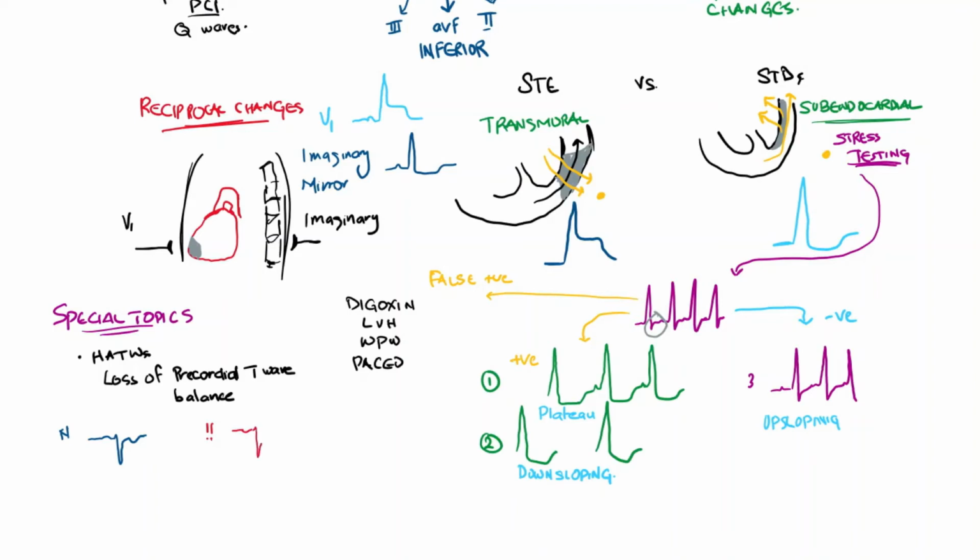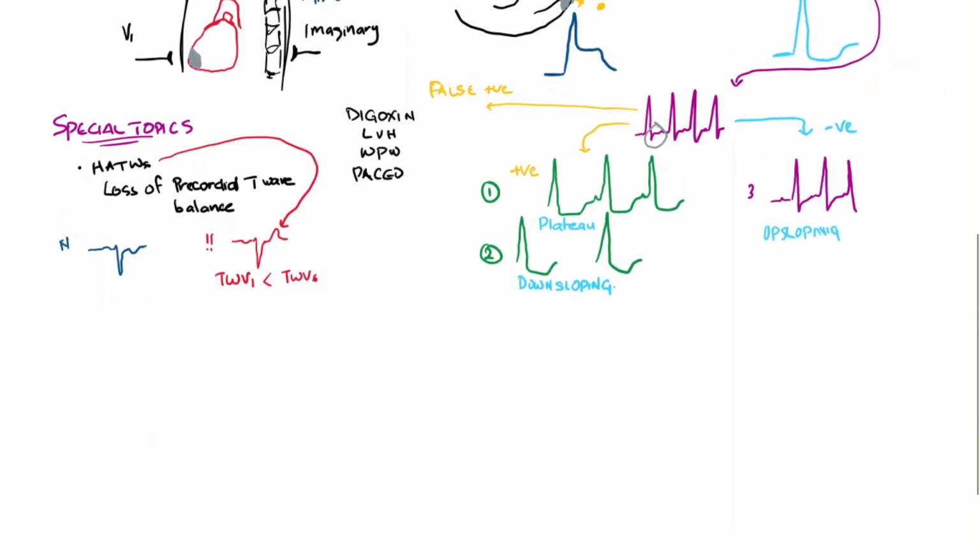The alarm bell should start ringing inside your head when the T wave is upright and is new in lead V1, or the height of the T wave should not be more than the height of the T wave in V6, as shown here. This is basically known as a hyperacute T wave, and this is called loss of precordial T wave balance, which is a precursor to a STEMI.